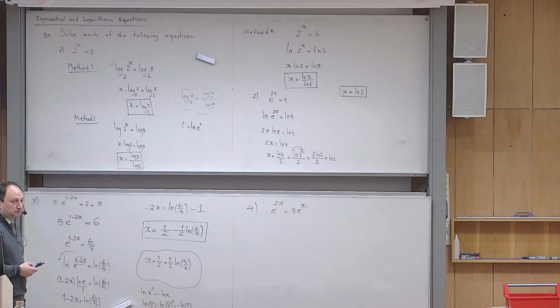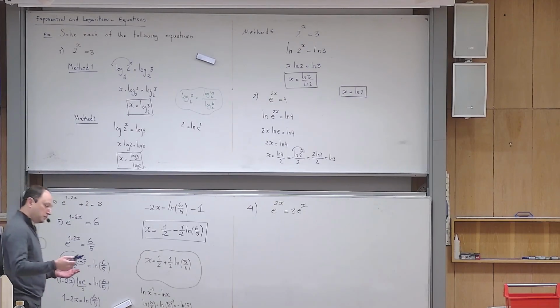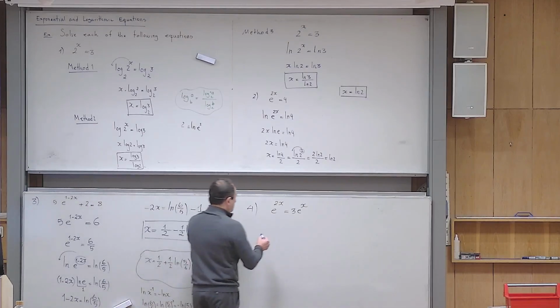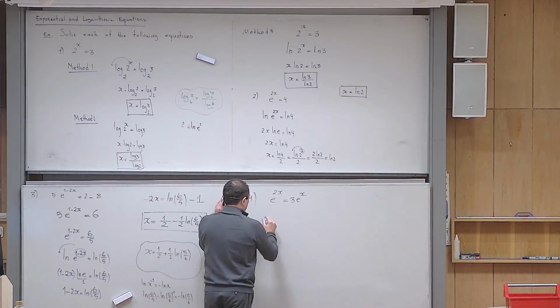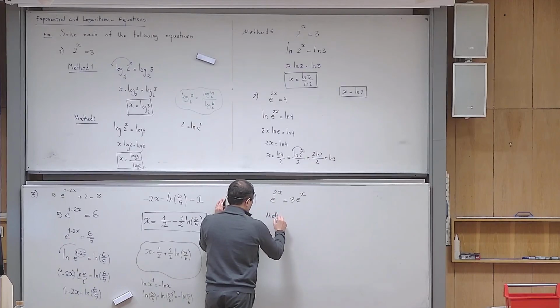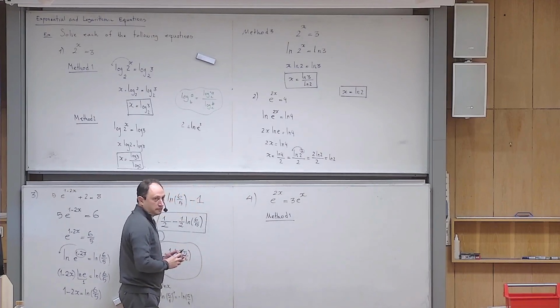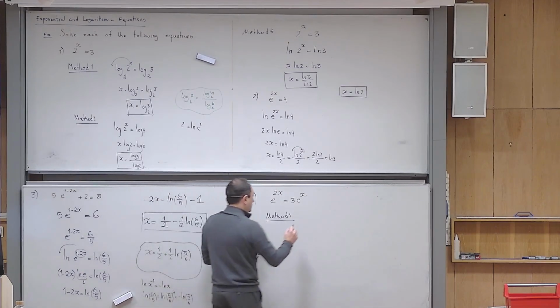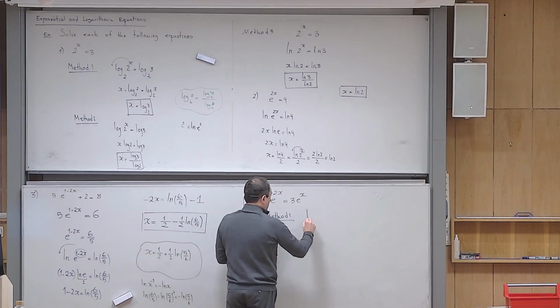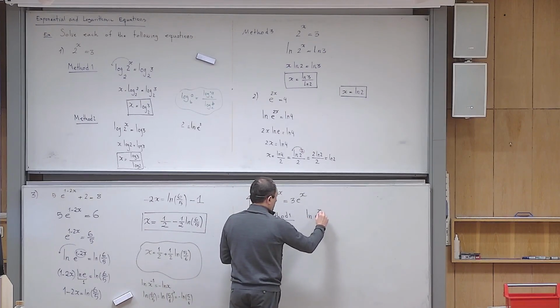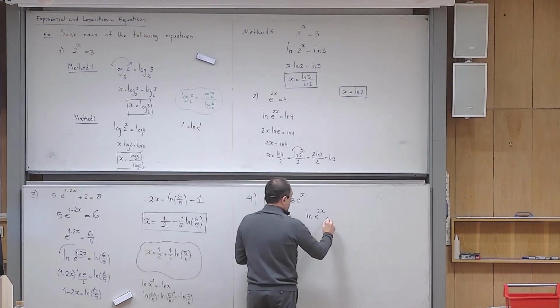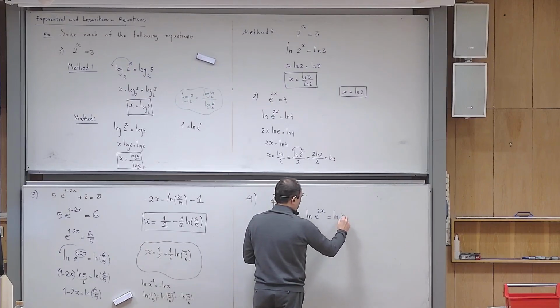Take the natural logarithm of both sides. Okay, so if you prefer, we can do that. I was thinking a different way, so let me follow yours. Method 1. Let us see if it works or not. So what you're suggesting is to take ln from both sides immediately. Okay, so let us just do that. Then it becomes ln of e to the power 2x. On the right hand side, I will have ln of 3 times e to the power x.